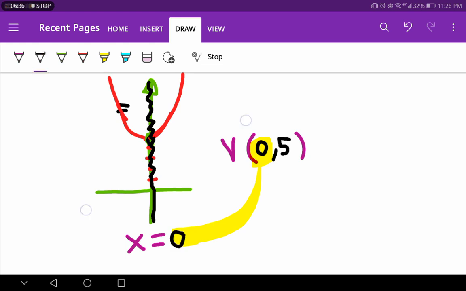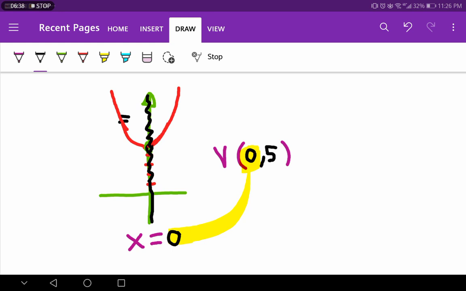And the axis of symmetry is the line that cuts the graph into symmetric parts or identical parts. As you see, this part and this part are identical or matching. Are you happy with that?